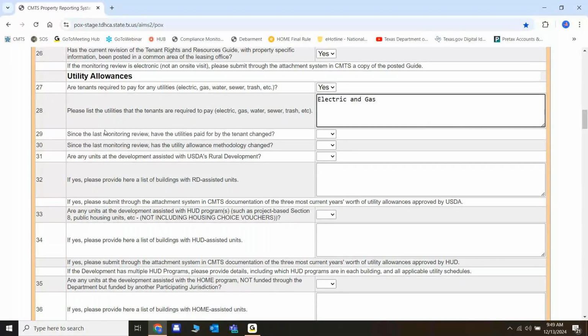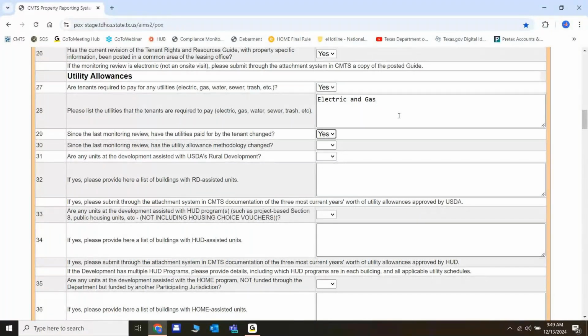Okay, my tenants pay electric and gas. Okay, since the last monitoring review, have any of the utilities that are paid for by the tenant changed? If it's yes, then you say yes. You told us what they pay right now, so that means prior they were paying something different, or they weren't paying this.